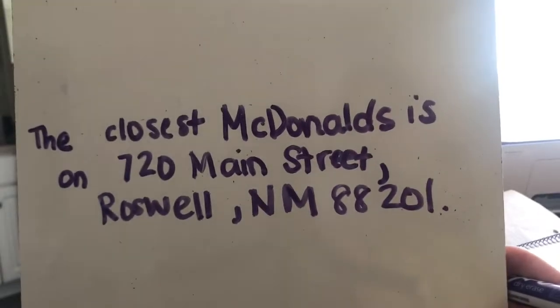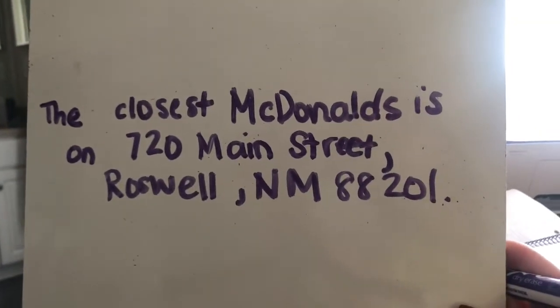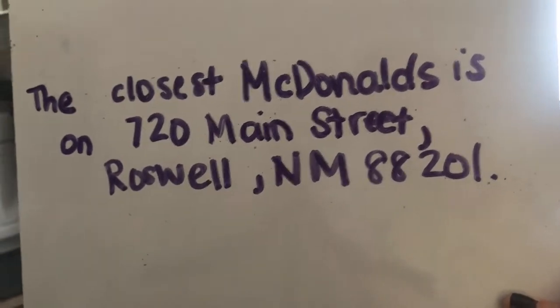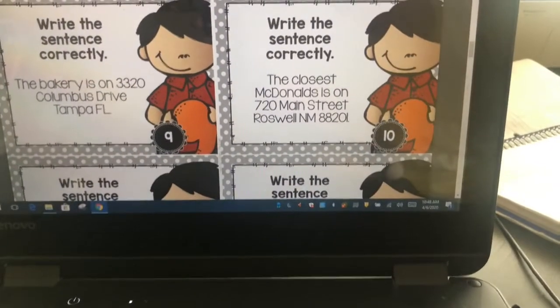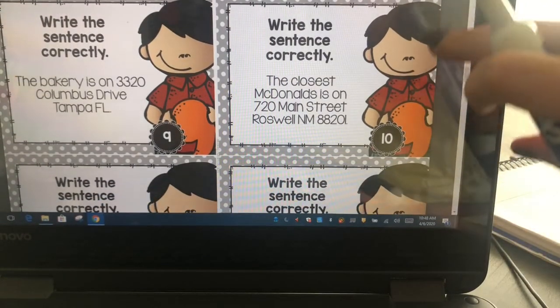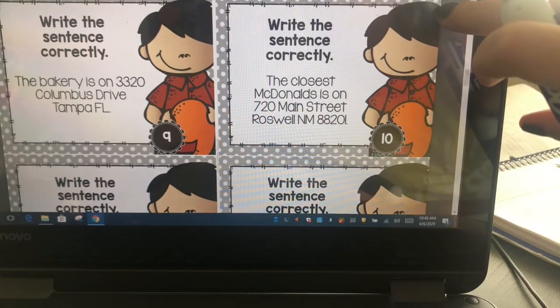So if your sentence looks like this, you are correct. Remember, you can pause this video at any time. Now I'm going to flip through these slides for you. Pause it to write your sentences correctly.